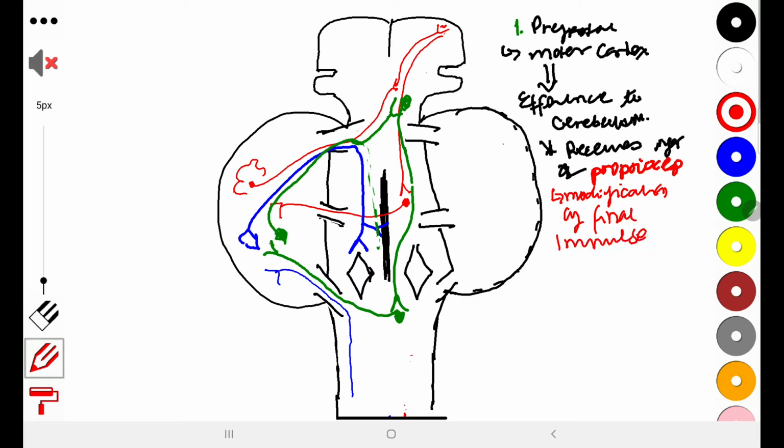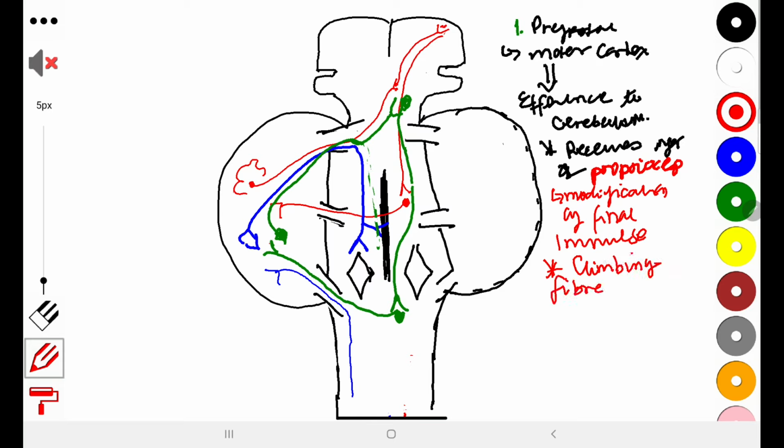Once this impulse is modified, we see several things. First of all, the excitation that is coming from the corticospinal tract is also modified through the climbing fibers, and this is to increase or reduce the exertion on the force. Okay, so there's also the role of the climbing fibers.